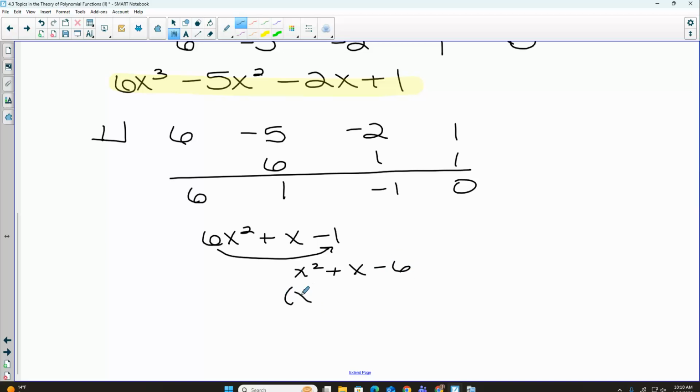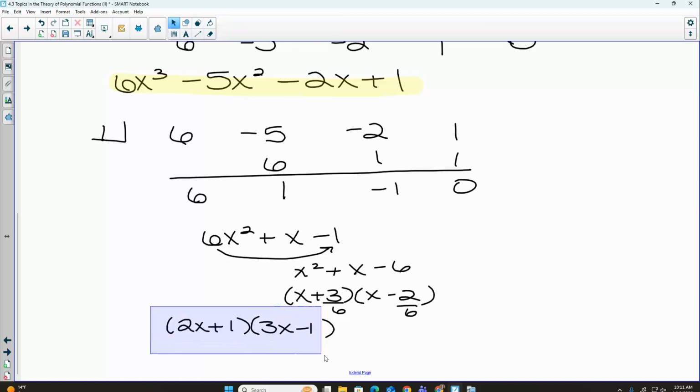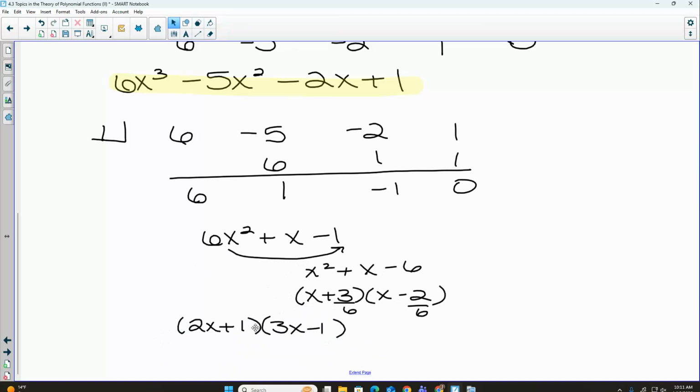Multiply to -6, add to +1, 3 plus 3 minus 2. Divide the 6 back. So we get 2x plus 1 and 3x minus 1.